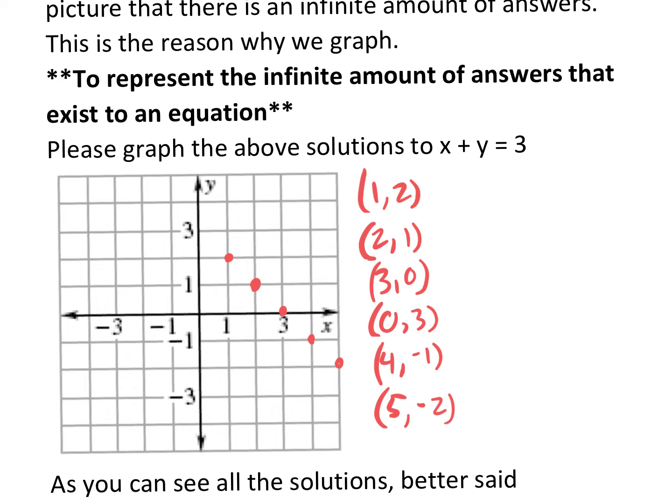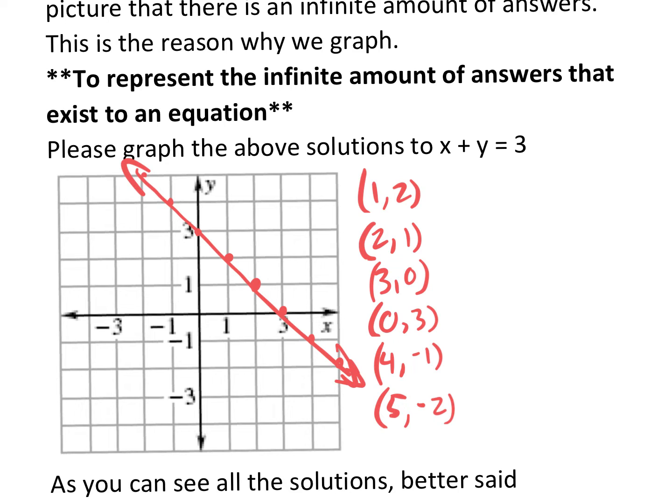So you could plug in numbers, but once you actually have 2 points of a line, and we know that this is a line, you could use the pattern between your points to extend it in both directions as far as you want. Okay. So once you have your graph, you put arrows on it because those arrows represent the infinite amount of answers that exist.